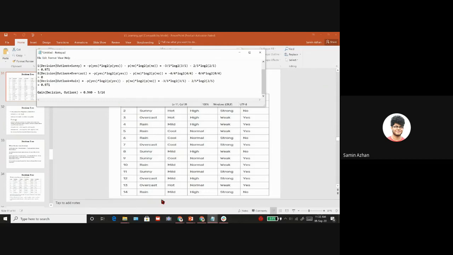Because out of 14 rows, there are 5 sunnies. Times the entropy of decision while outlook equals sunny. We calculated that right here. So this should be 0.971, minus the probability of decision while outlook equals overcast. If we look at the table again, you'll see that there are 4 possible overcasts. So this should be 4 divided by 14 times, actually it's times 0, so it doesn't matter.